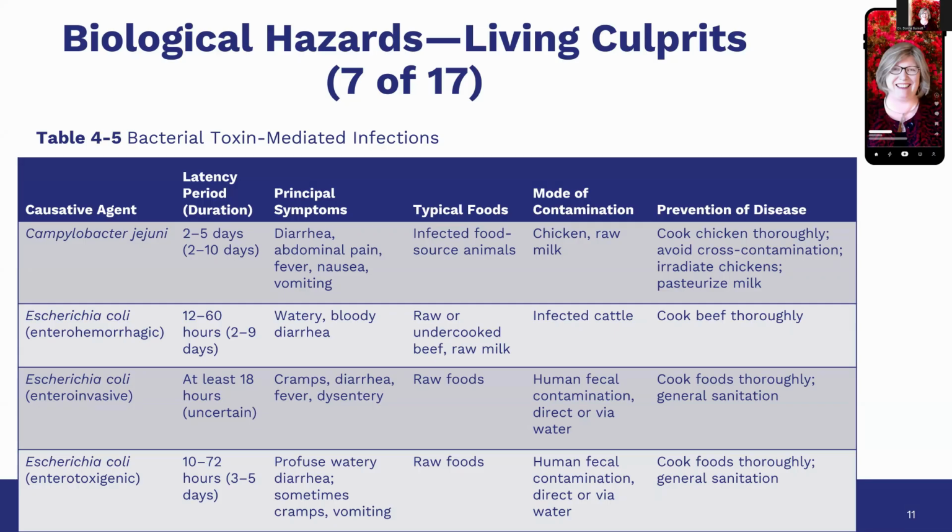How do you prevent the disease? You cook chicken thoroughly, you avoid cross-contamination, irradiate chickens, pasteurize milk, cook beef thoroughly, cook foods thoroughly, general sanitation, and the same. Again, commonalities: cooking thoroughly to get it into a safe temperature range.